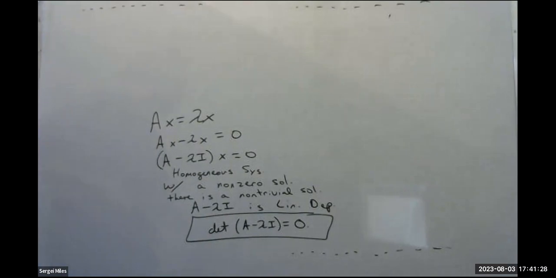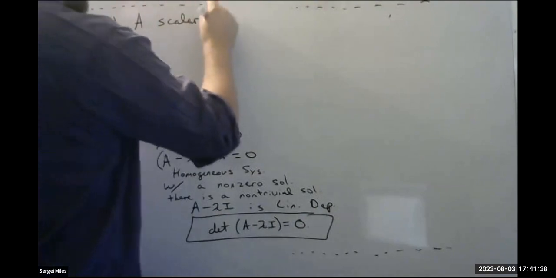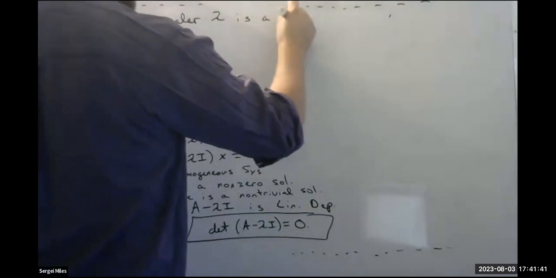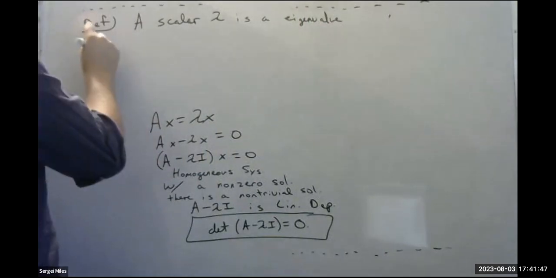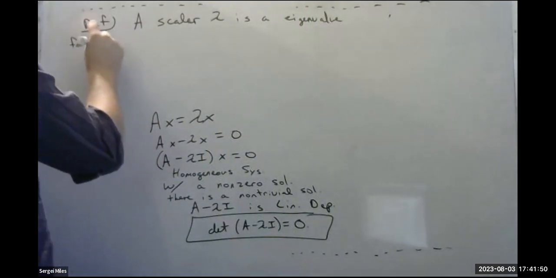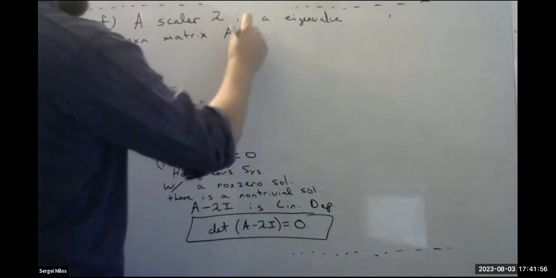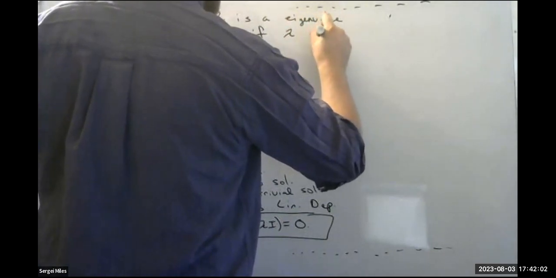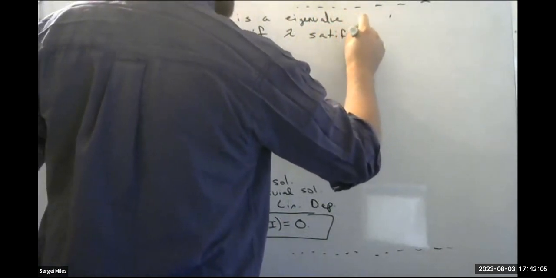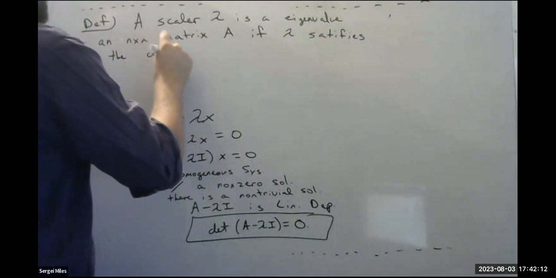All right, so we have a definition. A scalar lambda is an eigenvalue for an n by n matrix A if lambda satisfies the characteristic equation.